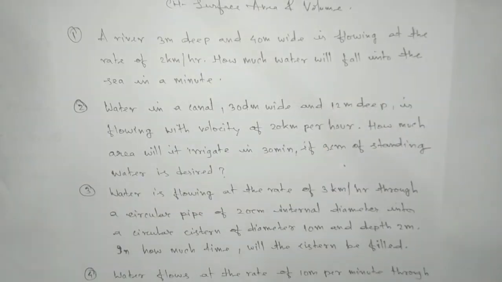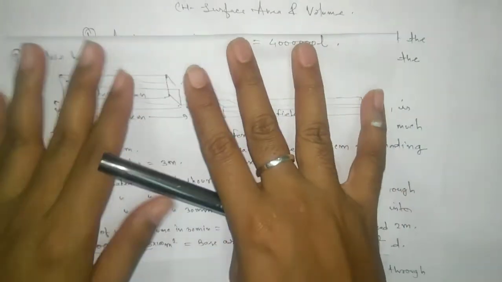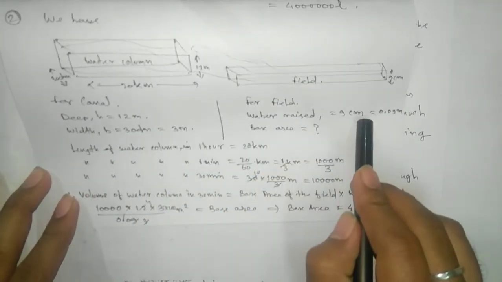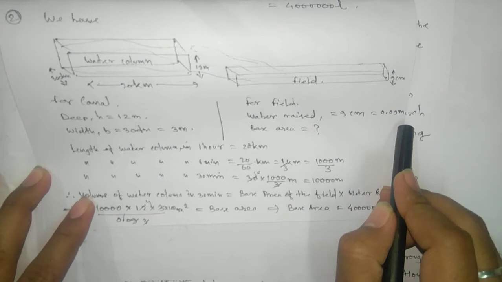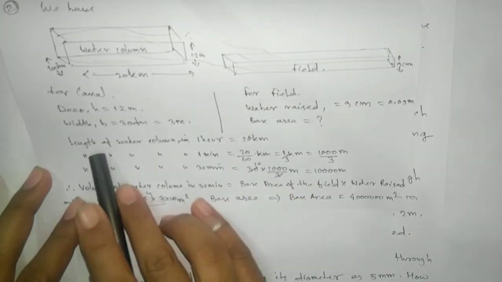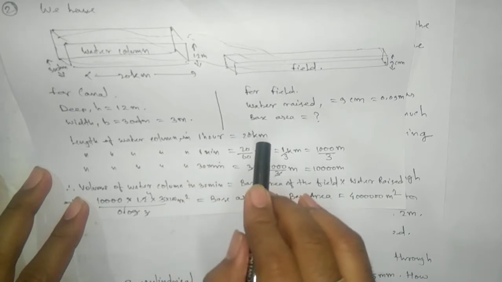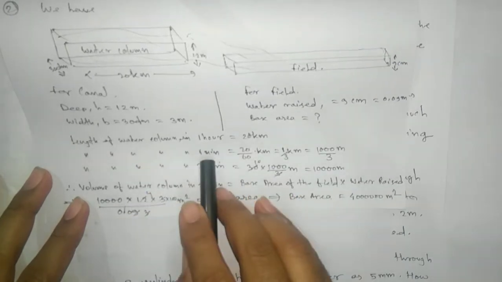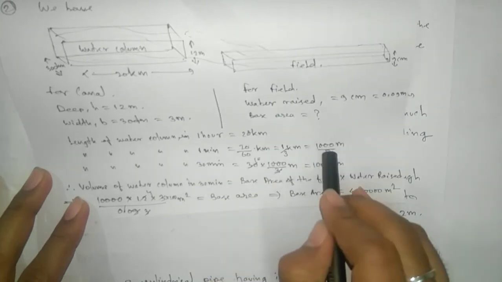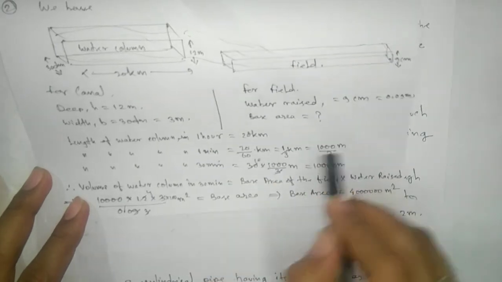So here we have the presentation. You can see for the canal and for the field, the water is 9 centimeter, which we will convert into meter. The unit must be the same. The length of the water column in 1 hour is 20 kilometer. That means in 1 minute, 20 by 60 kilometer, we get 1000 by 3 meter.